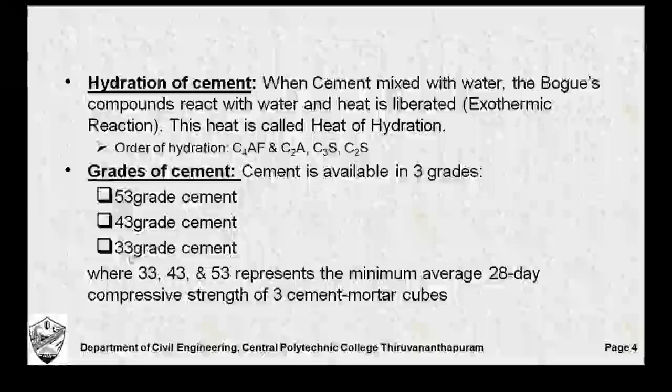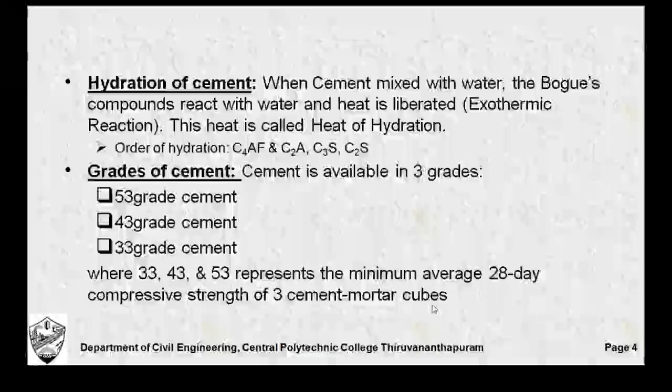We have 33 grade cement, 43 grade cement and 53 grade cement. 33, 43 and 53 represent the minimum average 28-day compressive strength of 3 cement mortar cubes, which means that if you mix cement with standard sand in the proportion 1:3 and prepare a mortar, cement plus sand is mixed with water to prepare mortar, and you fill it in standard cubes of size 7 cm by 7 cm by 7 cm.